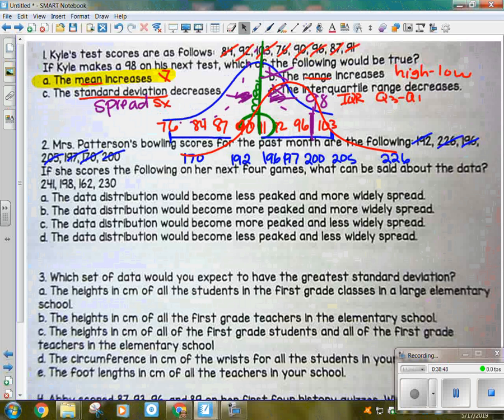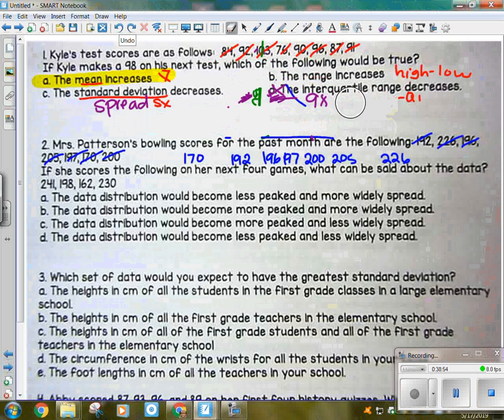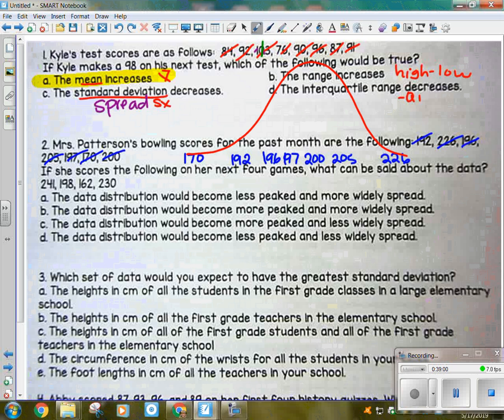So it looks like this would be my normal bell-shaped curve. And of course, I still have the previous bell-shaped curve. Since we have completed number 1, I think I'll just erase this so that my board won't be quite so messy. So I'm just going to naturally distribute that. So that's kind of even. If she scores the following on her next 4 games, I'm going to put this in here. 241. Wow.